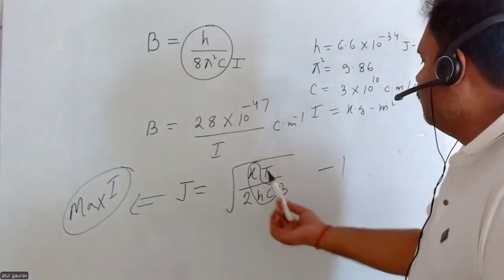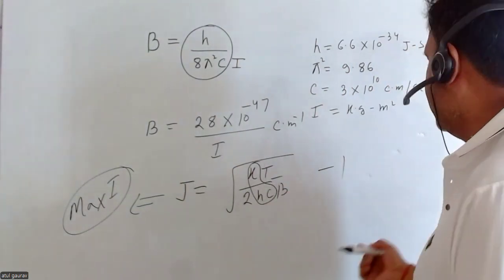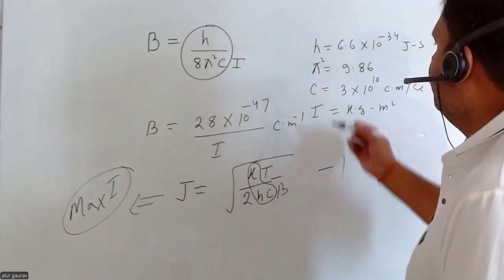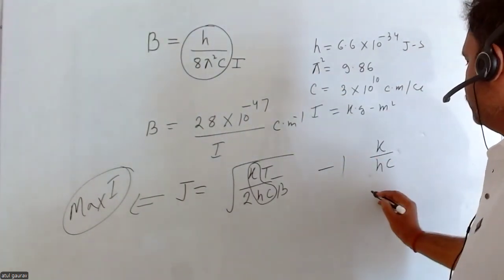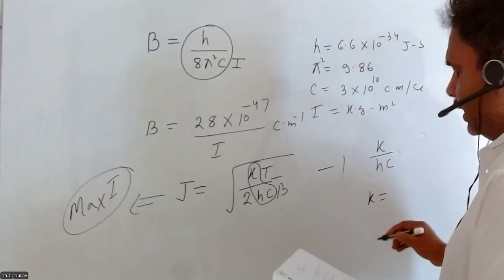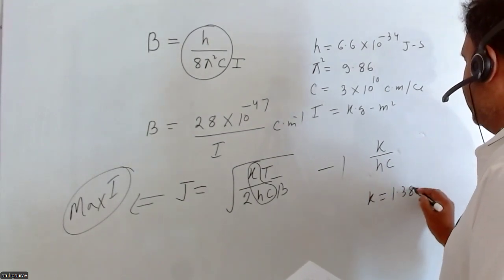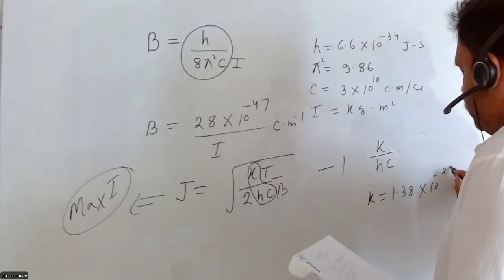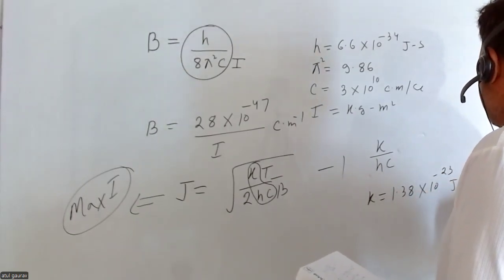So again, you can put the value of k upon hc. We have h and c there. And what is your k? Your k is the Boltzmann constant, and this value is 1.38 into 10 to the power minus 23 joule per Kelvin.